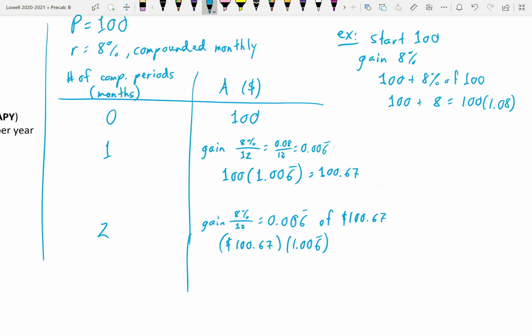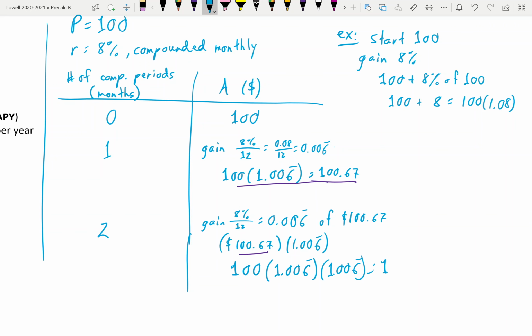Okay, I said that this is going to look just like an exponential function. So actually, instead of writing it like that, I'm going to substitute this expression right here. And so actually, after 2 months, I have this much. And again, it's the same amount, I'm just writing it differently, times 1.006 repeating times another one.